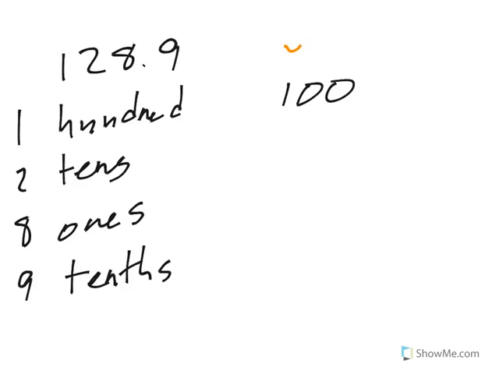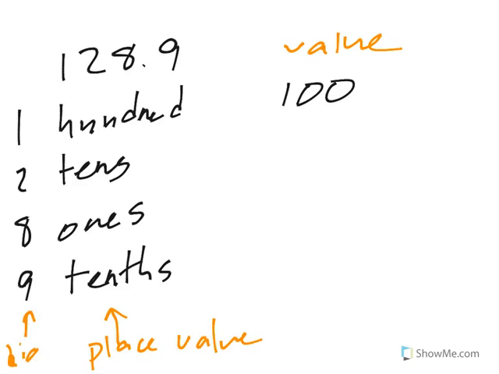These are going to be the values of those digits, where these are the place values. And these are the digits. And so the value of that 100 is 100. The value of those 2 tens is 20.